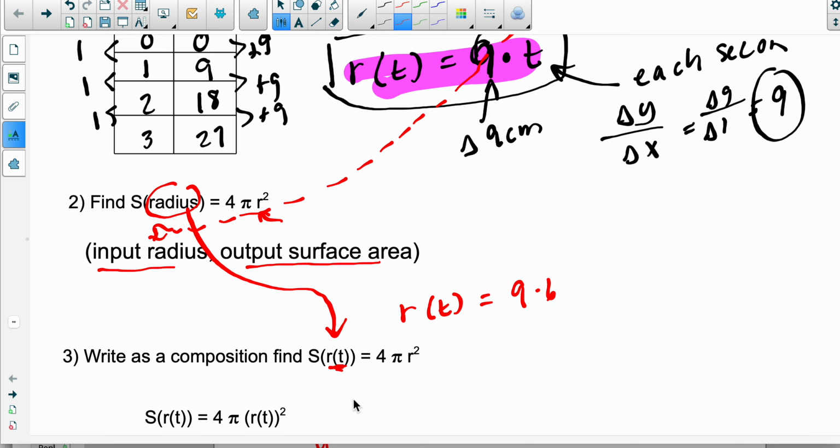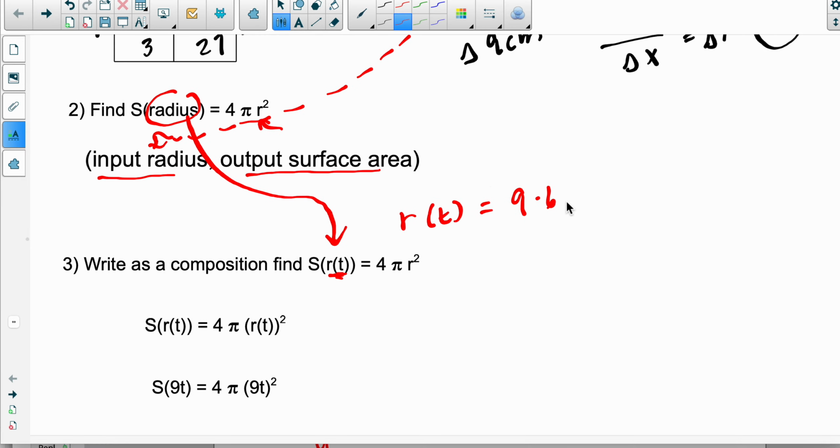If I want to do a composition of functions, I'm going to take that radius function, and that becomes my input to surface area. So everywhere I see an r, I'm going to put an r of t. What does r of t equal? R of t equals 9 times t. So I'm going to input 9t for r of t, everywhere I see an r.